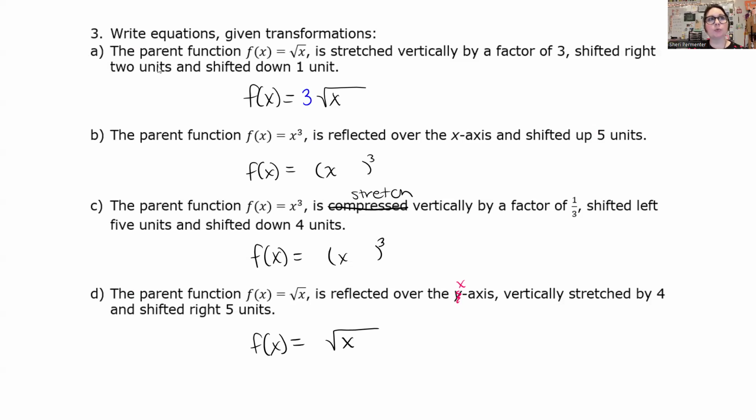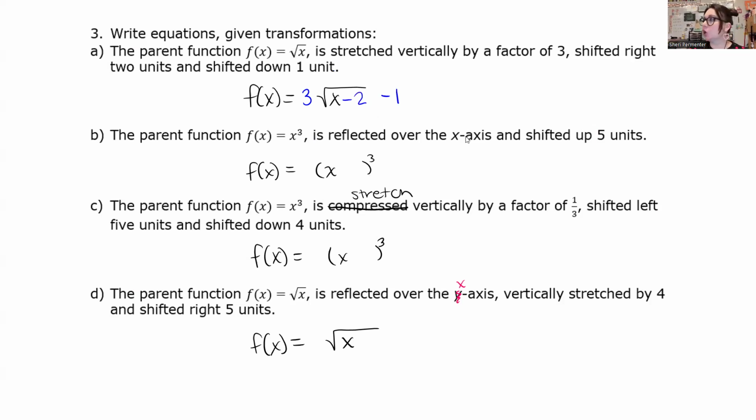Right 2 is 2 inside, right? And then how do I say down 1? Minus. The only one that changes is left and right. That's opposite. Okay, we wrote an equation.